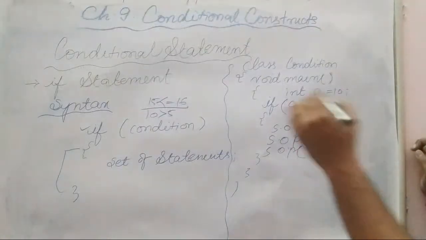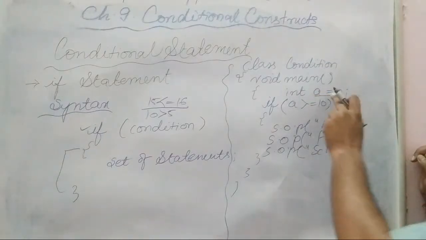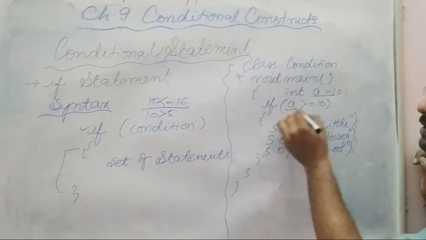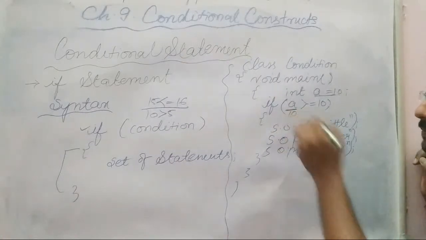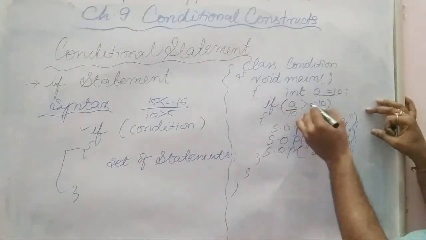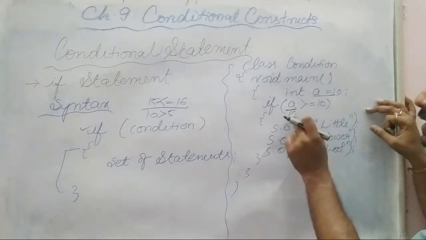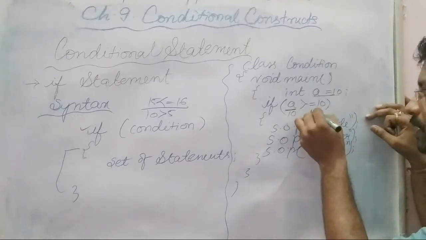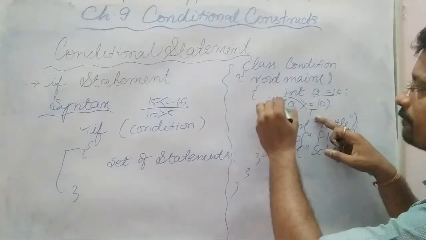Here a is initialized with 10. On the basis of this value, you check the value of a, which is 10. It will be compared this way: 10 is greater than 10, the answer is no. Then 10 is equal to 10 is checked, yes, so the result will be true. Due to this, the result goes to if.